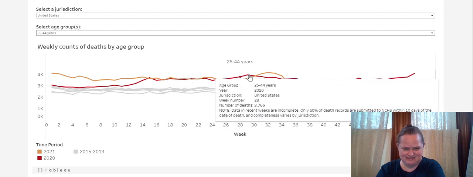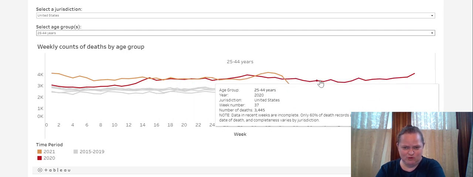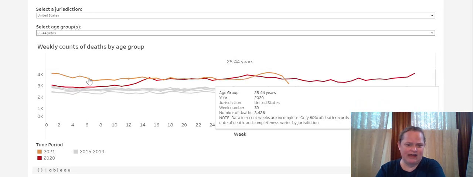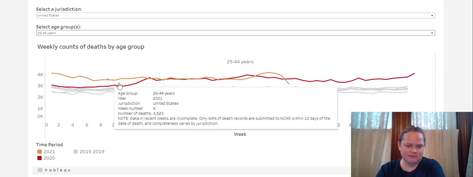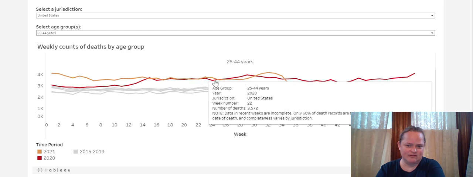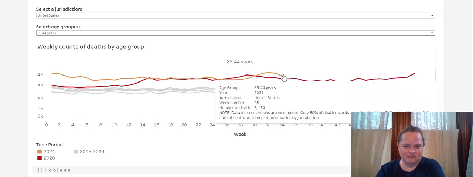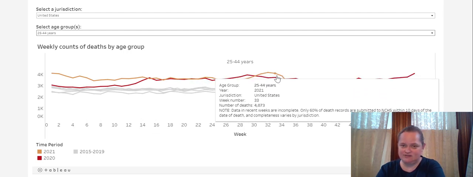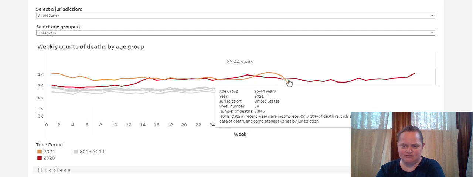And then it's like a new normal almost, that we have this elevated mortality for these younger adults. Now there is a little bit of a wave here, and maybe that is COVID. That's something we can talk about in a later video.